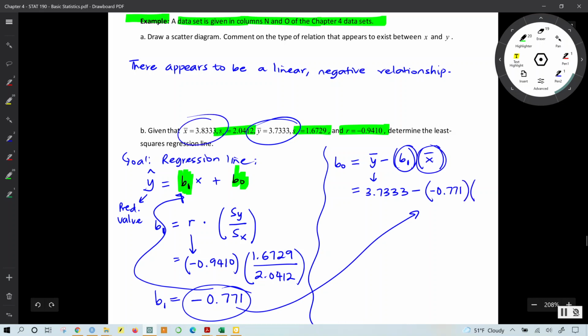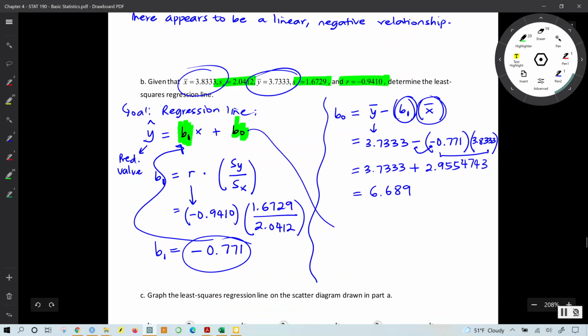X bar was 3.8333. So that would be 3.7333. Negative times negative becomes positive, added to the product of these two numbers, which is 2.9554743, and added together we have 6.689 to 3 decimal places.